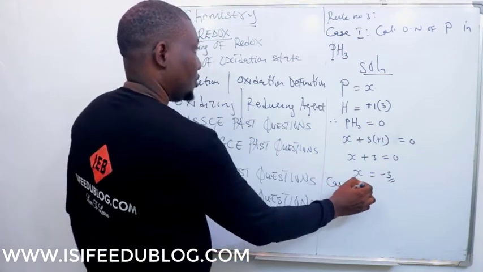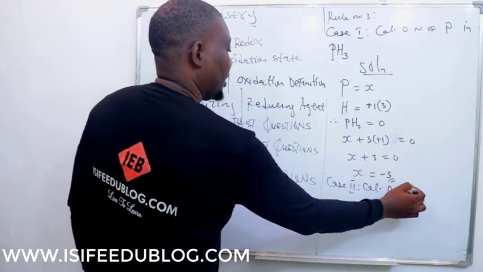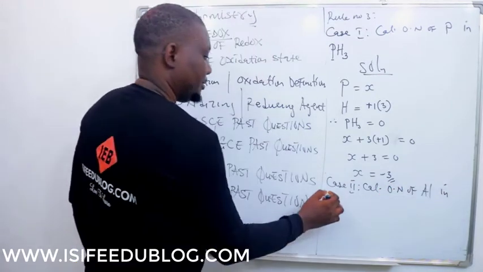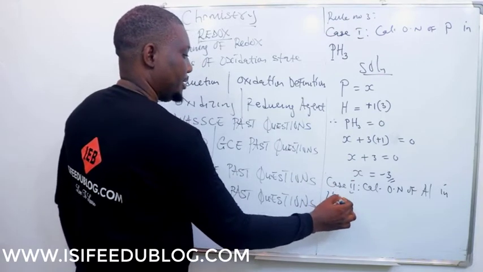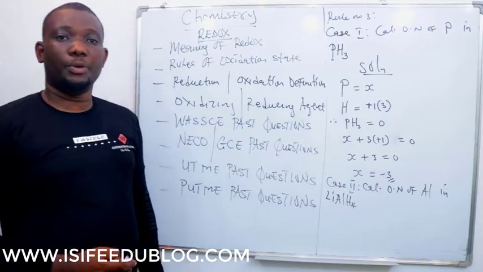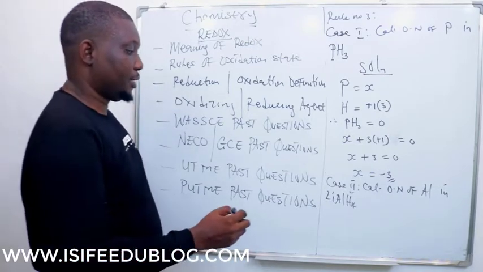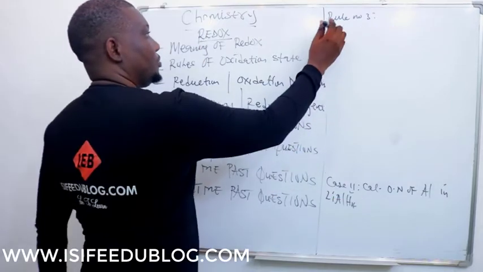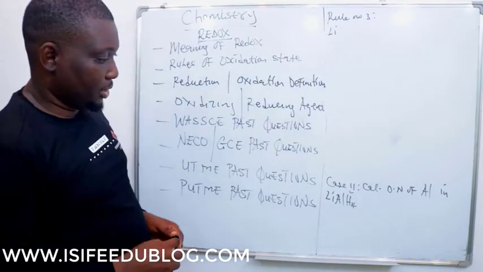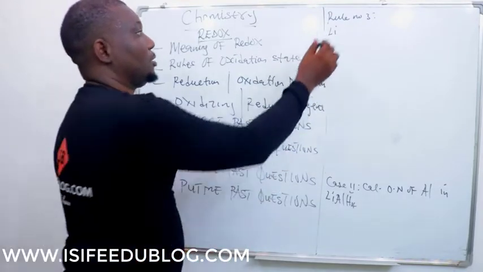Case 2, where we calculate the oxidation number of Al in LiAlH4. You can pause the video and try it. Okay, without wasting time, since lithium belongs to group 1, all the elements in group 1 have an oxidation state in their compounds that is always plus 1.